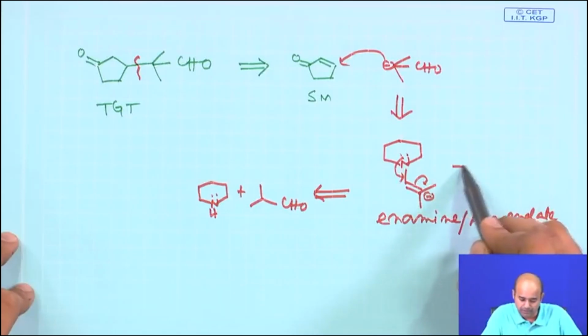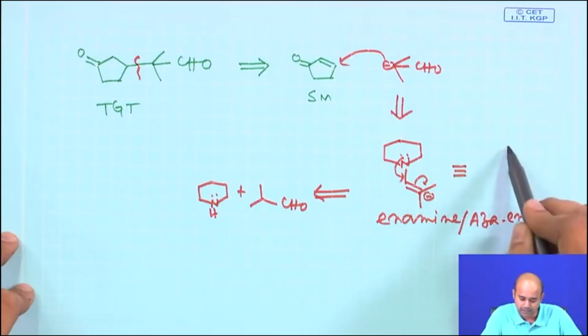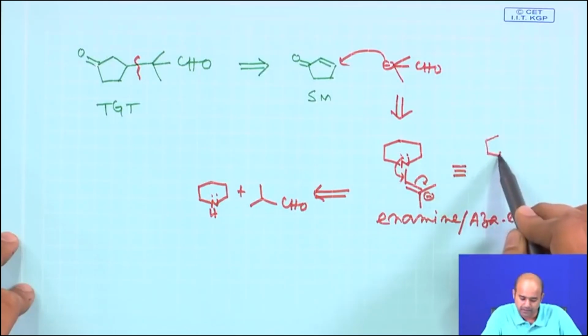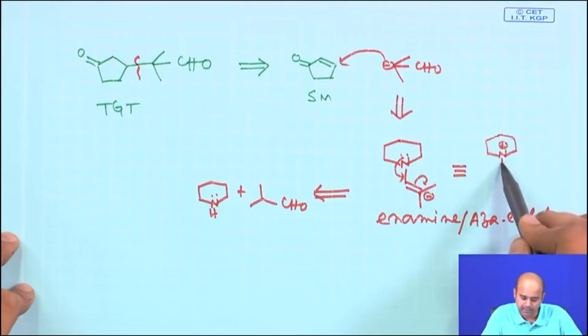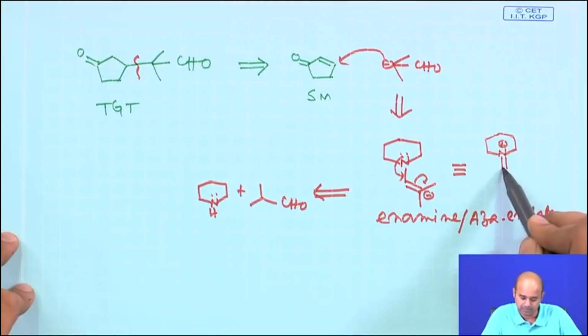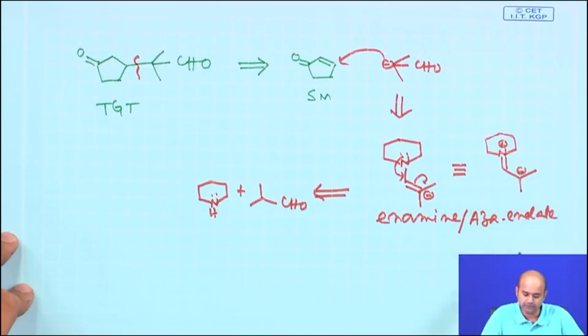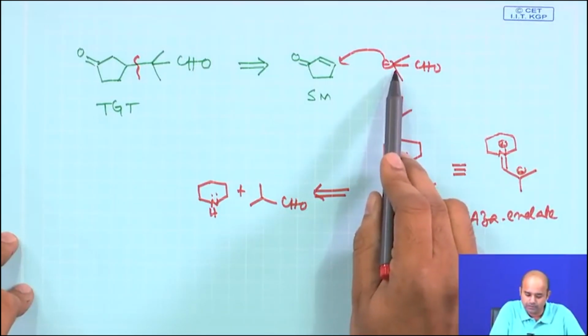So, in principle you can visualize the entire enamine as, now this nitrogen will be plus and it will be an iminium. So, negative charge now resides here. So, this is basically an equivalent of these things.